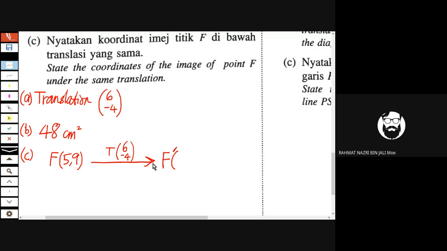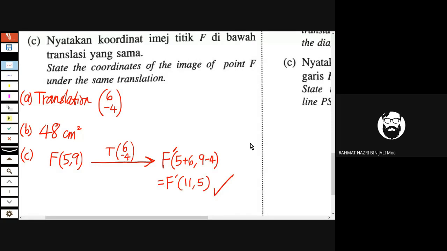Di F prime ini kita determine by the formula: 5 plus 6, and then 9 plus -4. So we get 9 minus 4. So lastly, we find out that F prime or image of F is 11, 5. Ini by calculation.